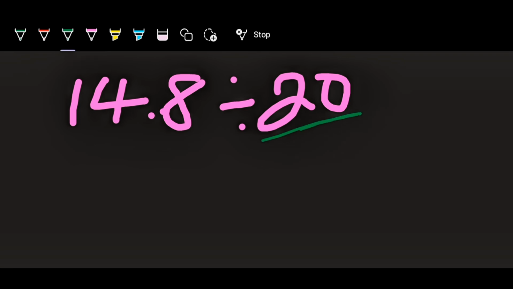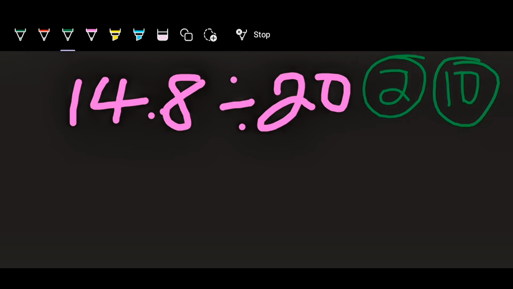So it's not a decimal. You're not dividing by a decimal. What you can do is split the number into two. So you can split the number into 2 and 10.